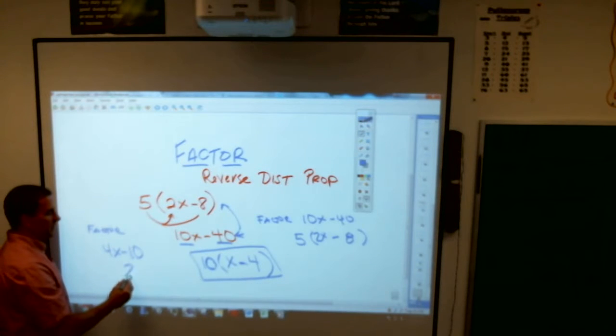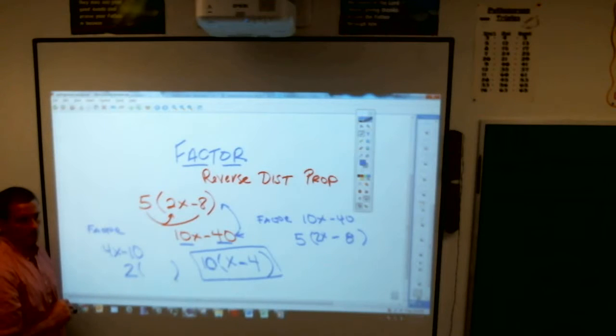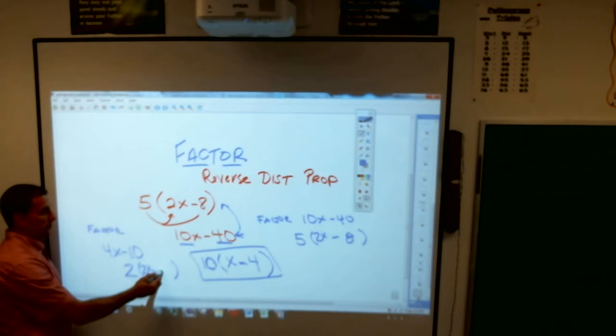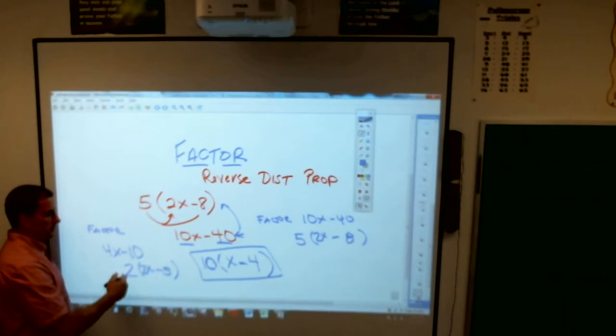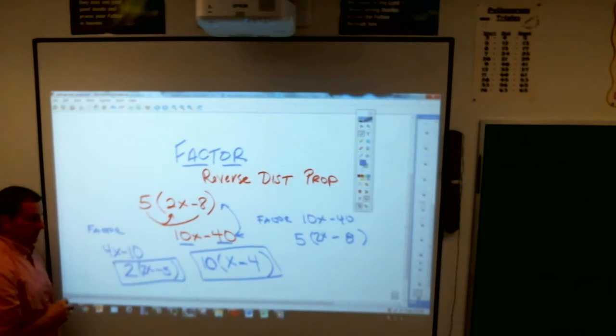So you write that 2 outside of the parenthesis, and then you say, okay, 2 times what is 4x? Brant? 2. Don't forget the letter, it's 2 times 2x. And then you put the minus, 2 times what is 10? 5. This is reverse distributive property, or we call it factoring.